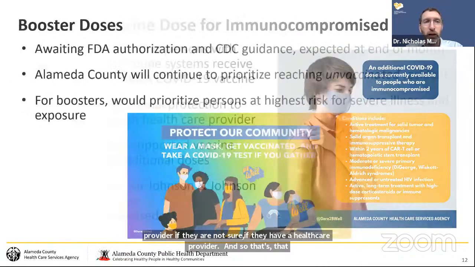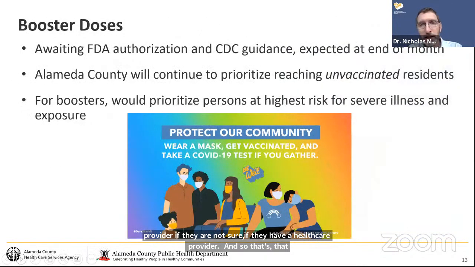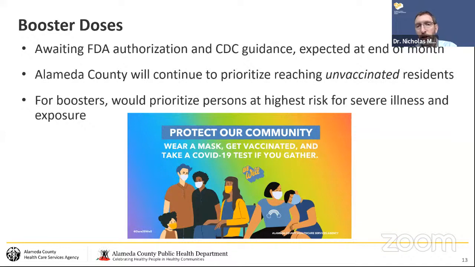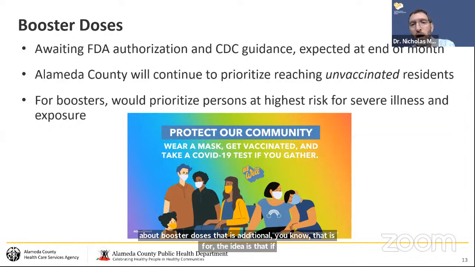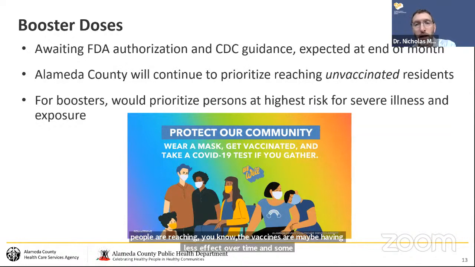Next slide, please. The other big topic is booster doses. We are still awaiting FDA authorization and CDC guidance about booster doses. The idea is that the vaccines maybe are having less effect over time in some groups, perhaps all groups, and that they will need a booster dose of vaccine.